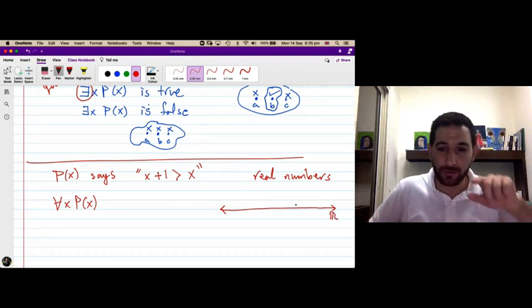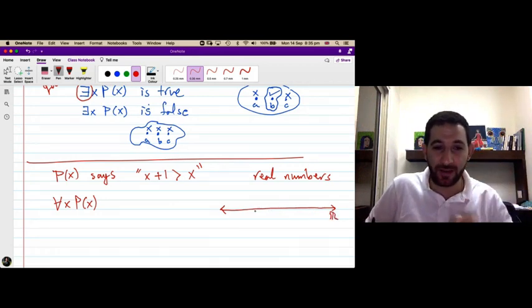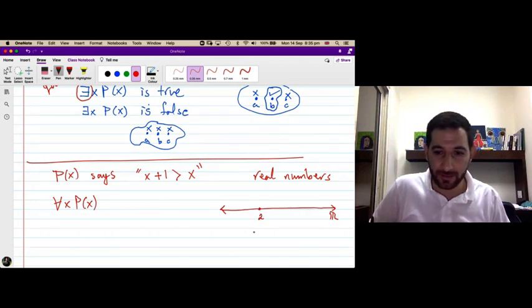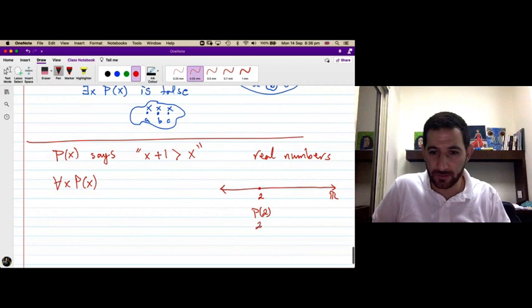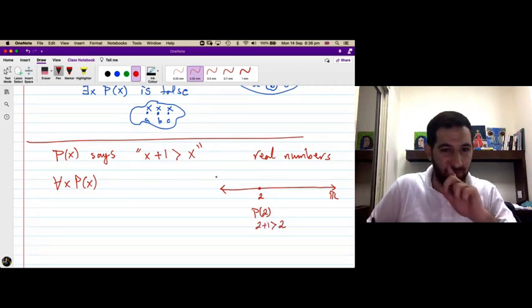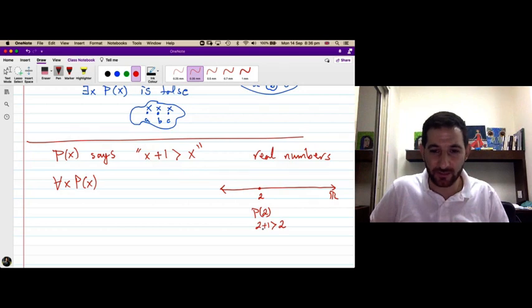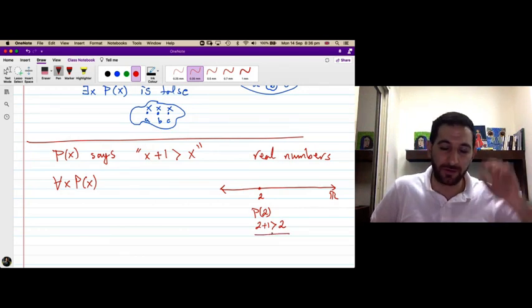Okay, you go and check every element in your domain. So say here we chose 2. Is it true that P of 2 is true? What is P of 2? That 2 plus 1 is bigger than 2. So x plus 1 is bigger than x. When x is 2, then we get 2 plus 1 is bigger than 2.